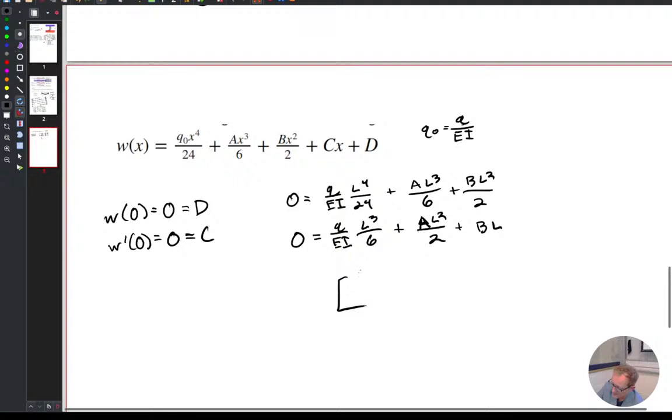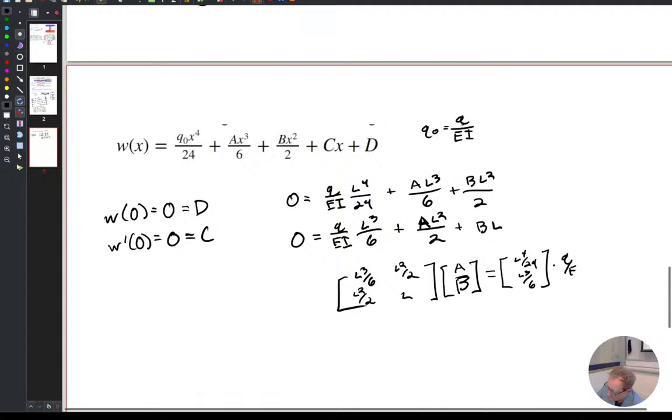I could say L cubed over 6, L squared over 2, L squared over 2, and L all times A and B is equal to L to the 4 over 24, L cubed over 6 times Q over EI.